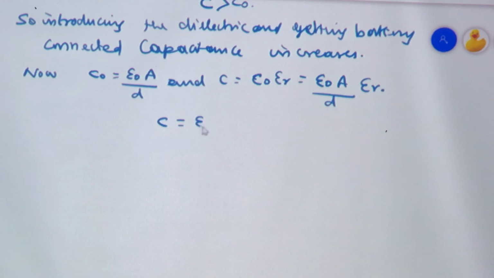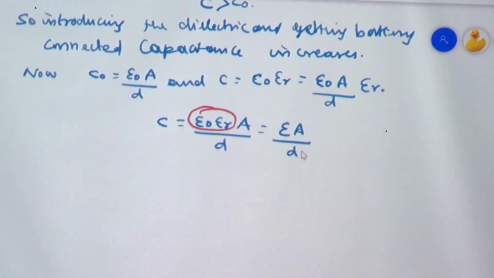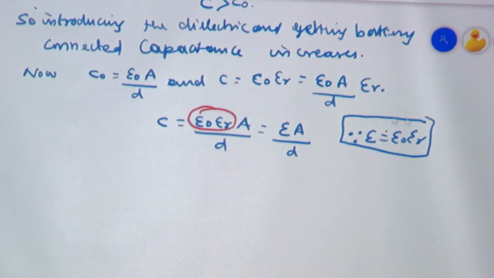So C is equal to epsilon 0 into epsilon r into A divided by D. Since epsilon 0 into epsilon r is epsilon, we can write C equal to epsilon A divided by D, where epsilon is the permittivity of the medium. Now, let us write what happened to the energy.